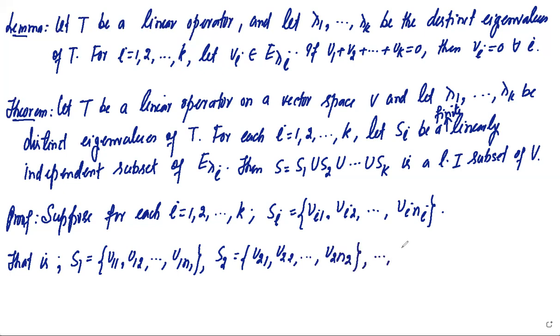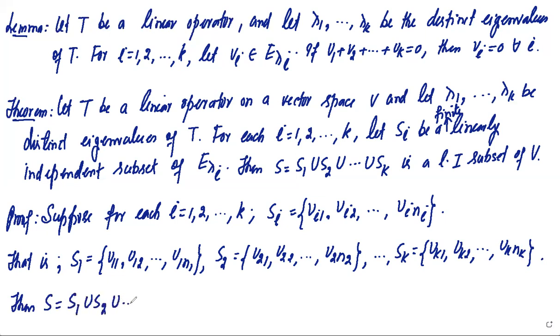and so on, and Sk as Vk1, Vk2, Vknk. So then S can be written as, now S is the union of these Si's. So S is S1 union S2 union Sk.